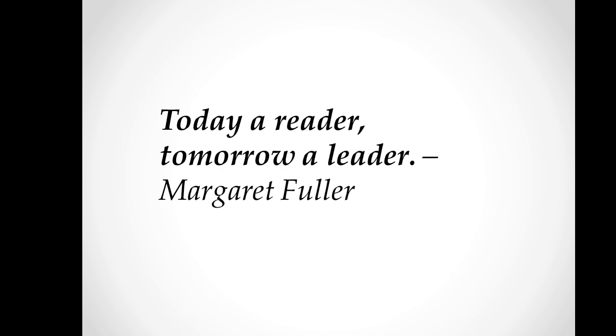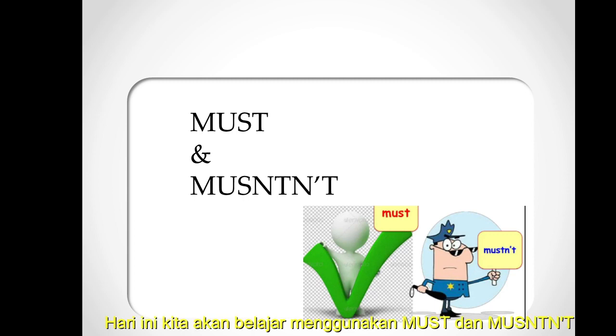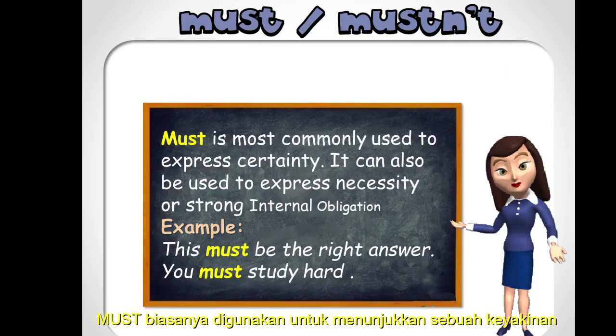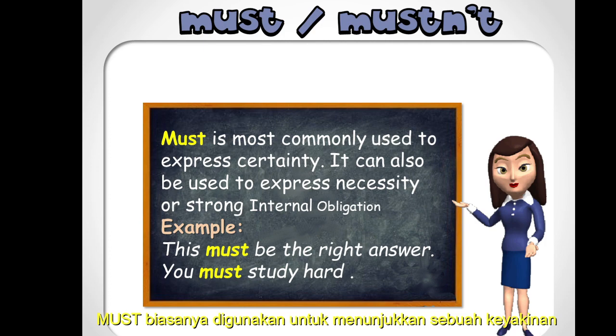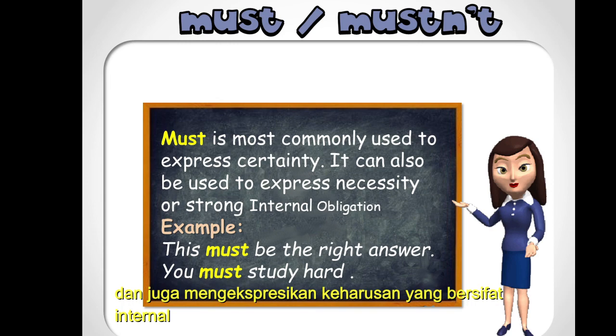Well, today we will study about the use of must and mustn't. Do you know that? Well, let's see together. Must is most commonly used to express certainty. It can also be used to express necessity or strong internal obligation.